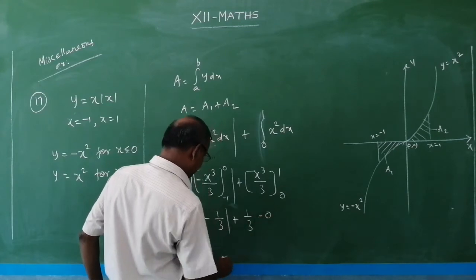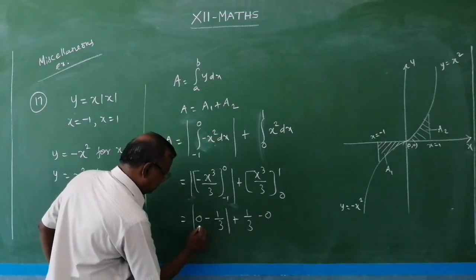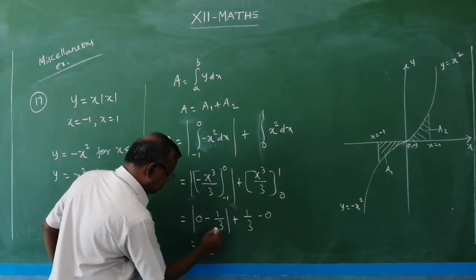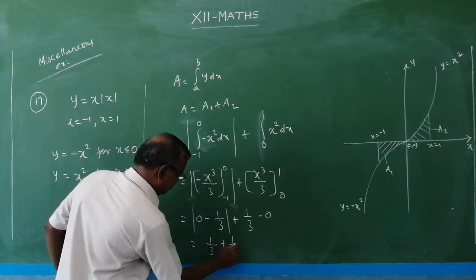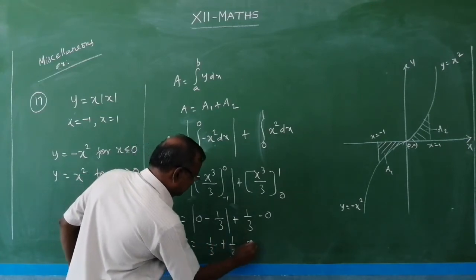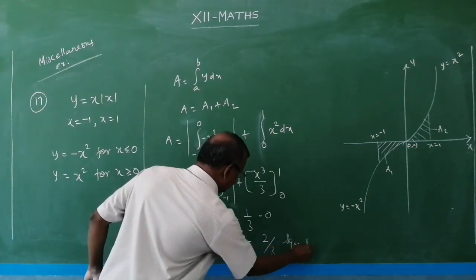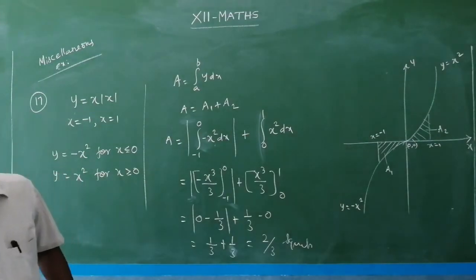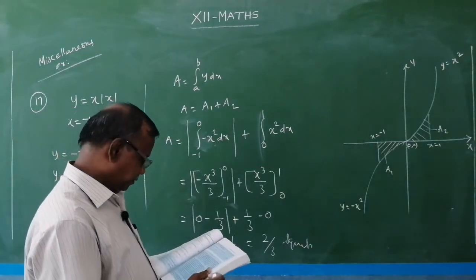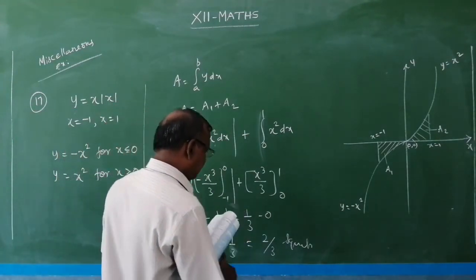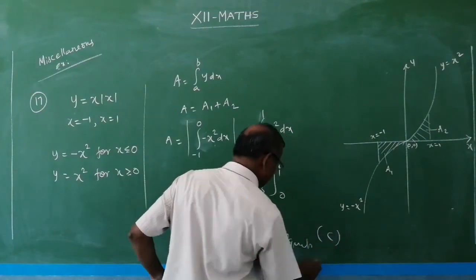This is equal to 1 by 3 plus 1 by 3, which is equal to 2 by 3 square units. The option is C, for the 17th, the option is C.